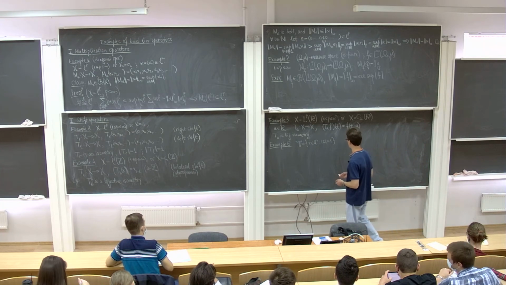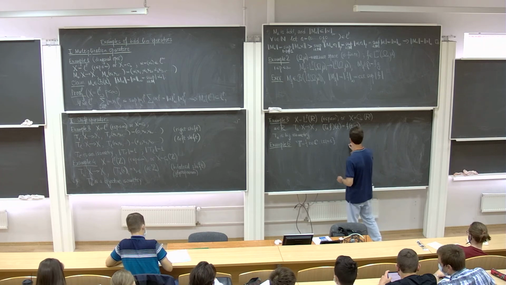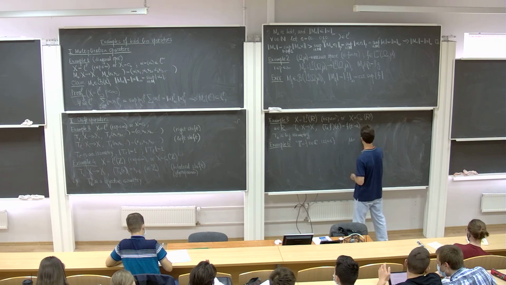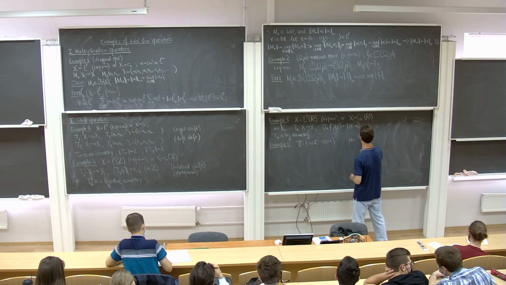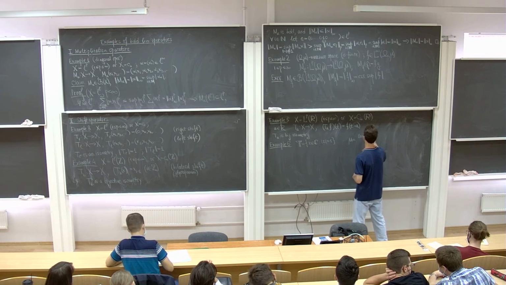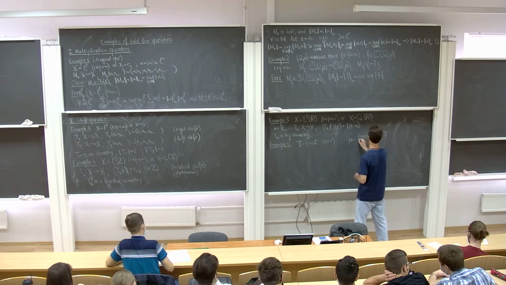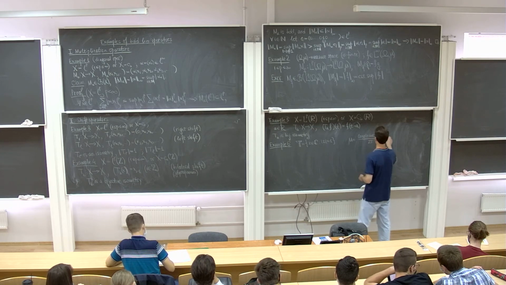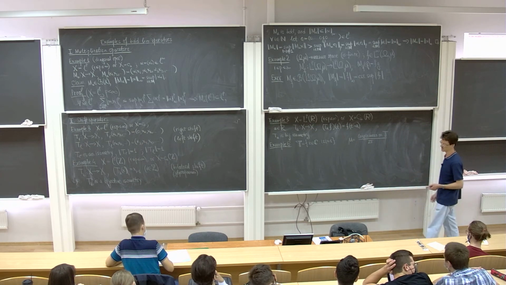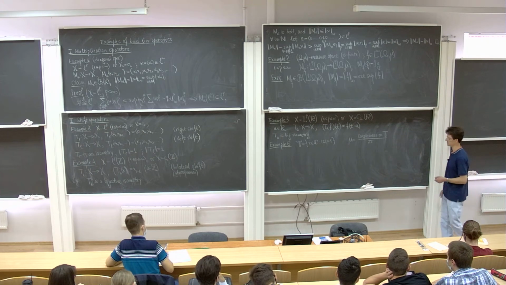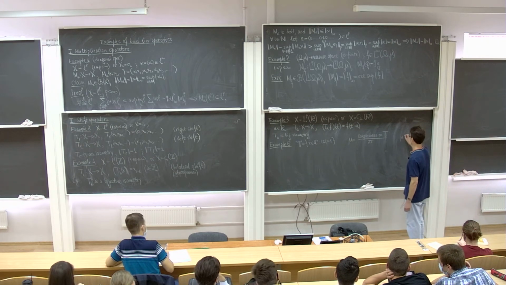We will equip it with a standard measure. Informally, this is the usual length measure on the circle divided by 2 pi. This is the so-called normalized length measure. We normalize the usual length measure in such a way that the measure of the whole circle is 1.